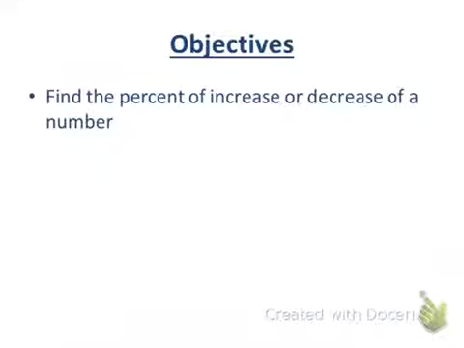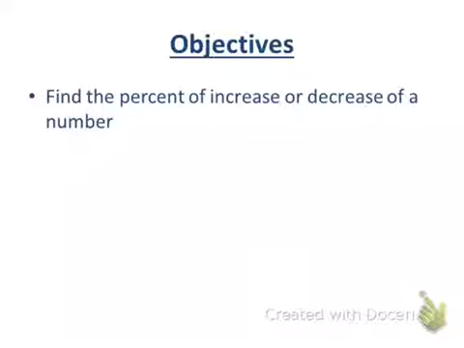The key word, and I've said it several times with emphasis, in percent of increase or percent of decrease, what's the key word there? Of. It's always a percentage of something. And what does of tell us in mathematics? It tells us that we're going to be multiplying.